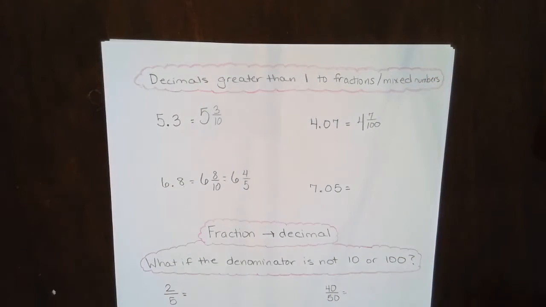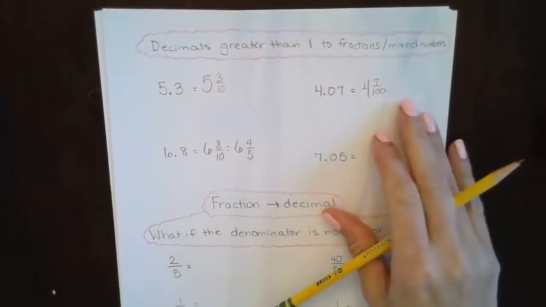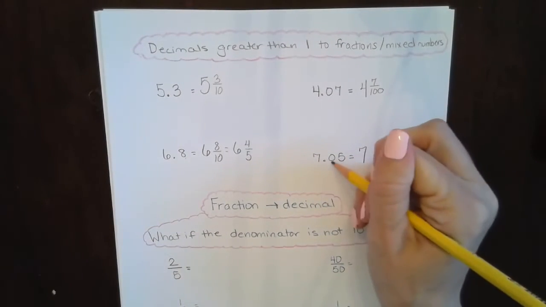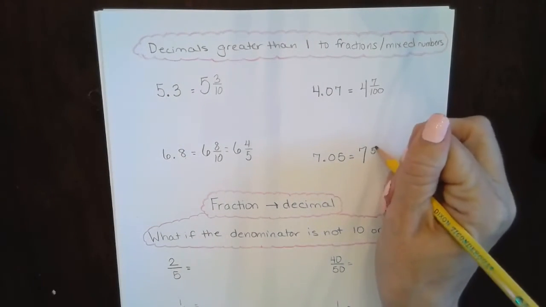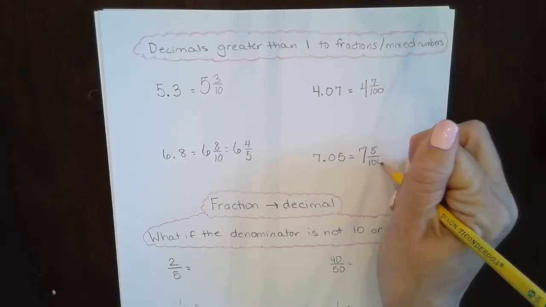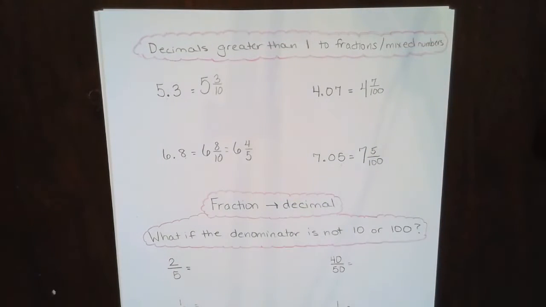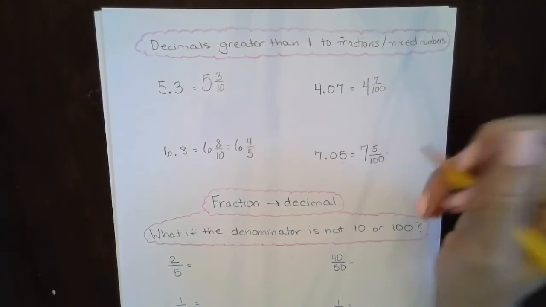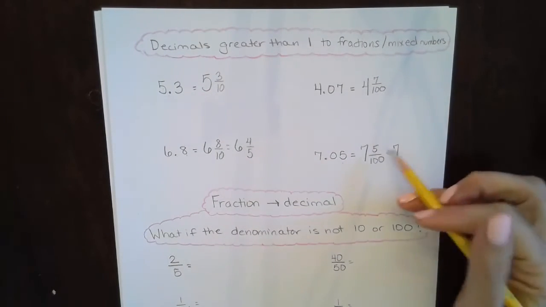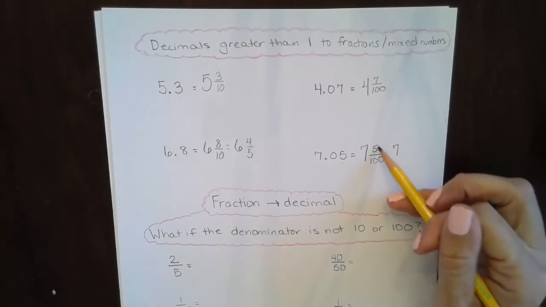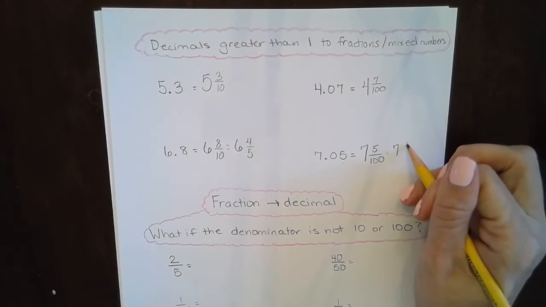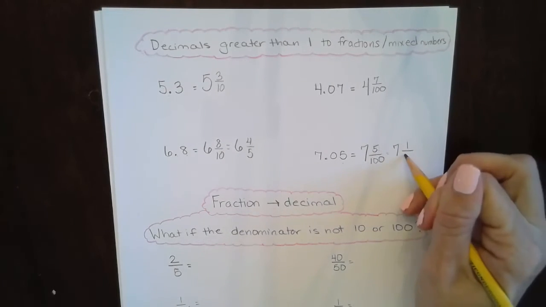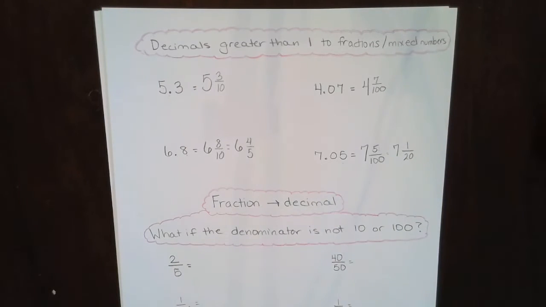And here we have 7 wholes and 5/100ths, because I can see that the 5 is in the hundredths place. Okay. 5/100ths we can also simplify so that it becomes 7, and we can divide both of these by 5, so that becomes 1, and 100 divided by 5 becomes 20. So that is it in simplest form.